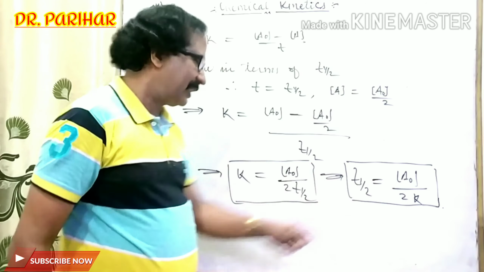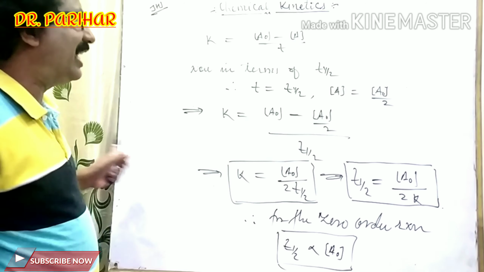Therefore, especially for the zero order reaction, T half is directly proportional to initial concentration. This is the relation between half-life period and initial concentration of the reactant.